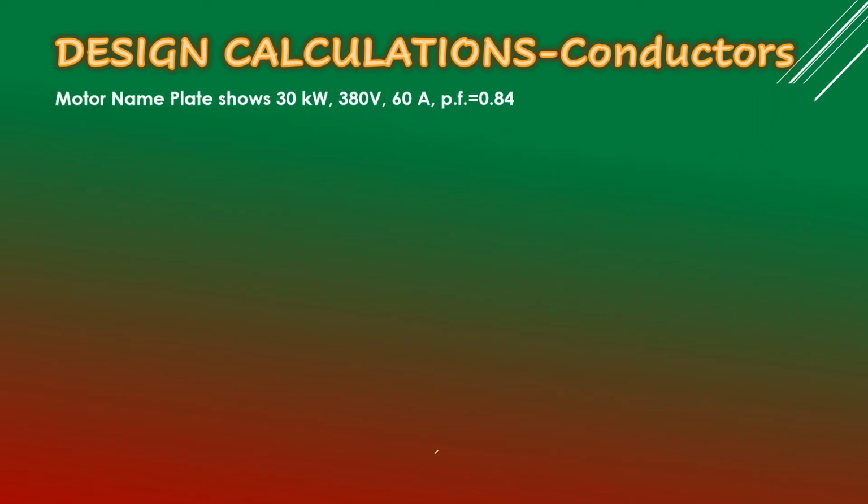Okay, so let us see how we are going to design the conductors. We are given motor nameplate 30 kilowatt, 380 volts, 60 ampere, and power factor 0.84. These are the given details.